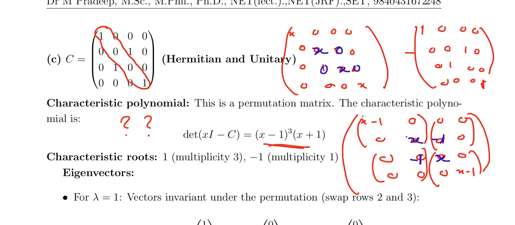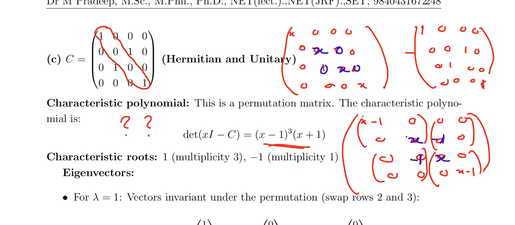Okay, minus 1, x, x minus 0, that is x, 0, and 0 0, 0, x minus 1, correct?